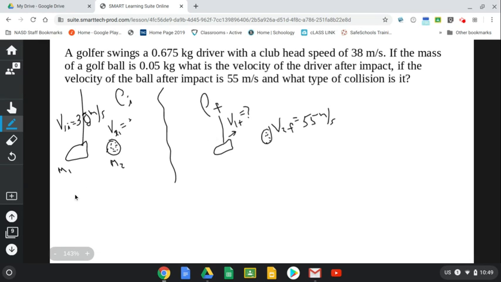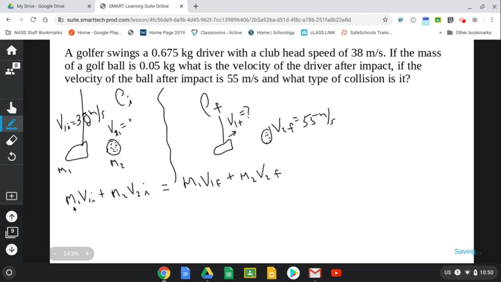All right, so let's take a look over here. We got m1 v1i plus m2 v2i equals m1 v1f plus m2 v2f.